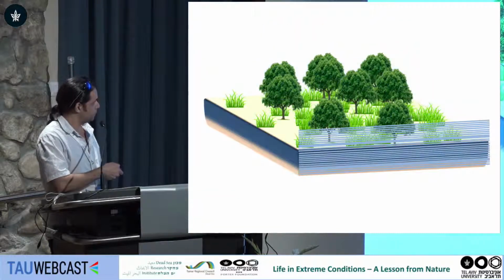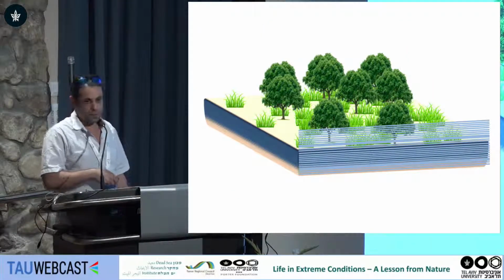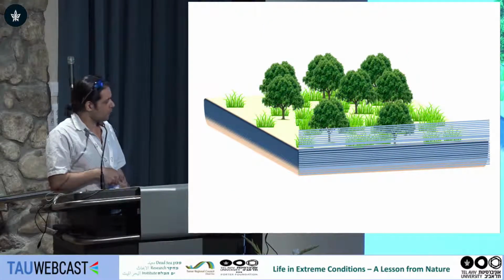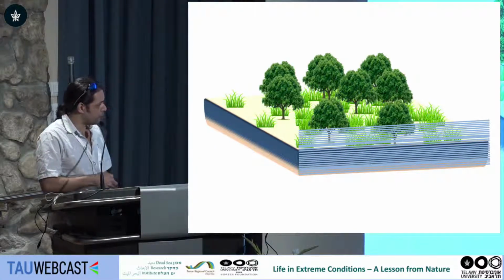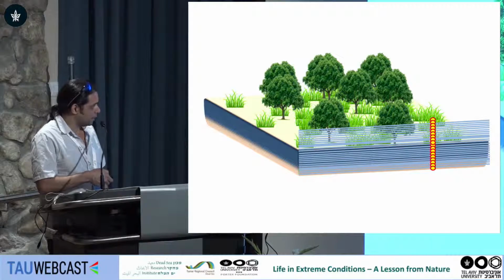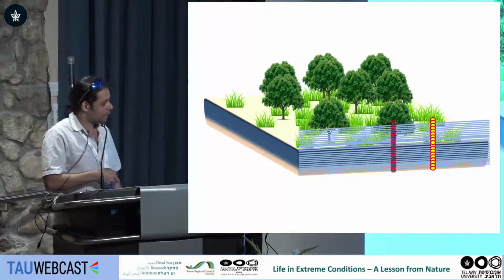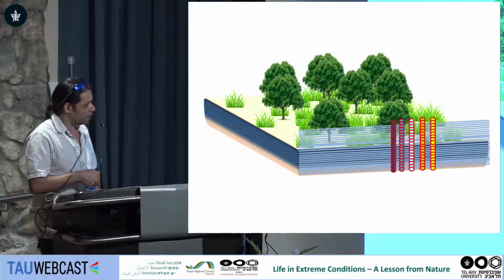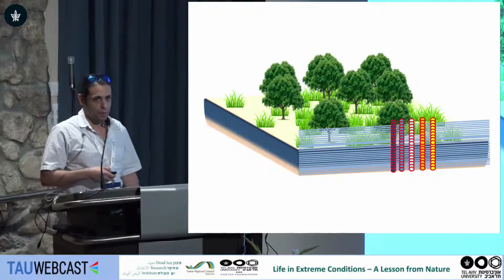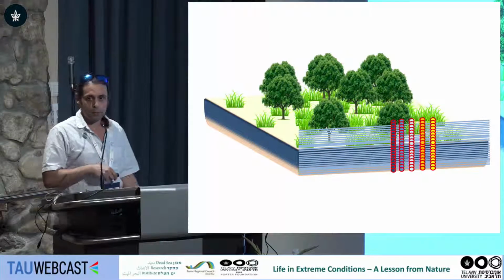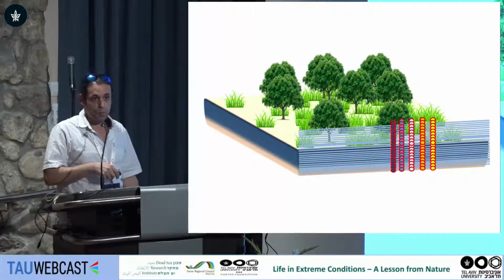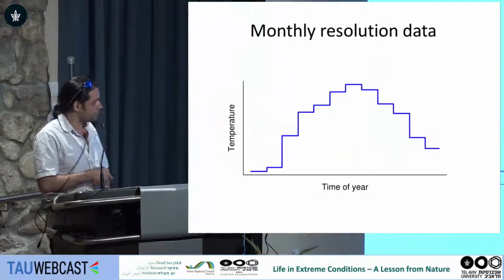So what we need is higher resolution data at centimeters resolution above and below the ground. And we need such data in the open habitat and in the shade habitat and in between habitats. Because animals move between these locations. And so it might be important for us to know what the microclimates are at these locations.